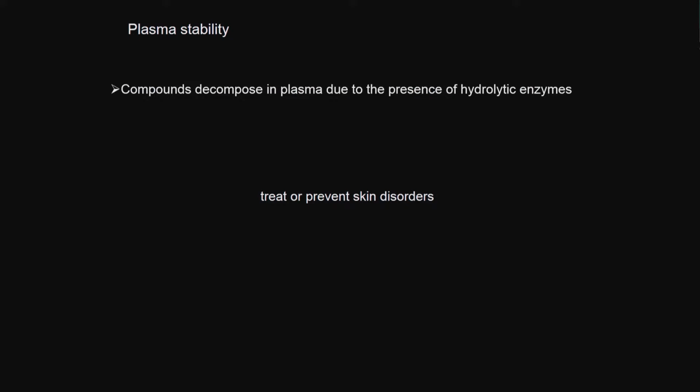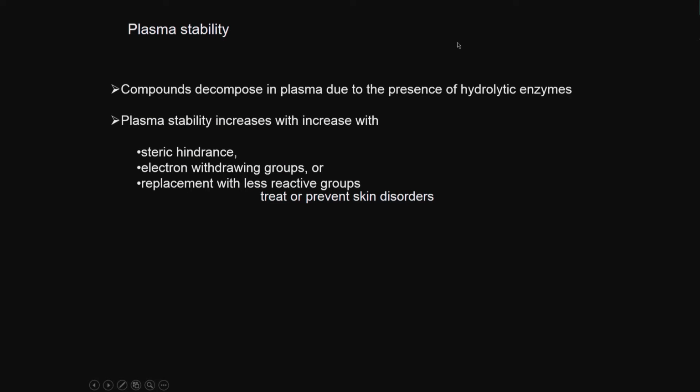plasma stability. Compounds decompose in plasma due to the presence of hydrolytic enzymes. Plasma contains hydrolytic enzymes, so ester bonds can get degraded. Plasma stability increases with steric hindrance, so you do not allow the hydrolysis to take place, or you can put electron withdrawing groups or replace with less reactive groups.